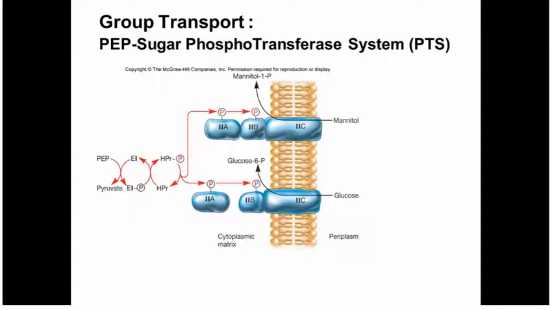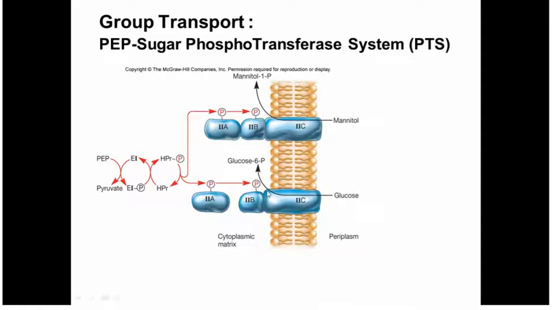Now, how does this work? What is happening here is that the import of the glucose across the membrane is catalyzed by what's called the enzyme 2 complex here. And the energy for the import is supplied by this phosphate group, which is attached to the protein subunit 2C.